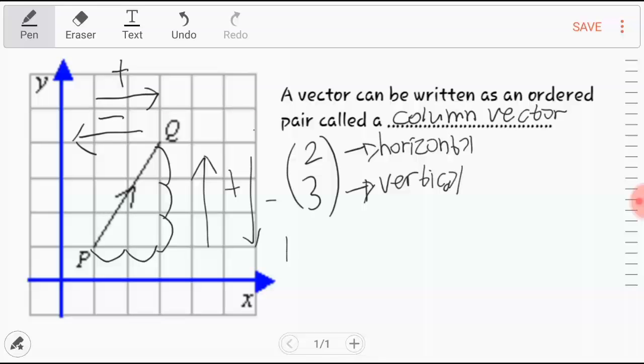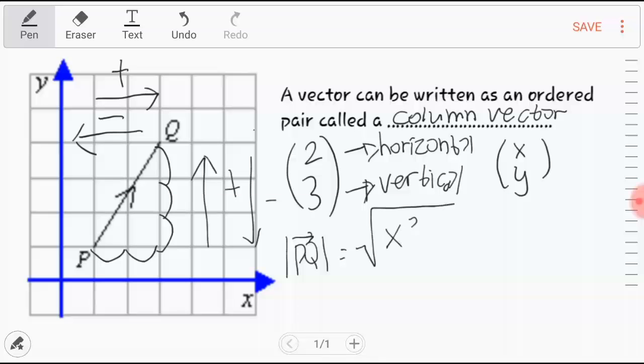Next, how to find the magnitude of the line PQ. If I take this as x and y like this, the formula becomes like this. So this is how you find the magnitude of the line vector.